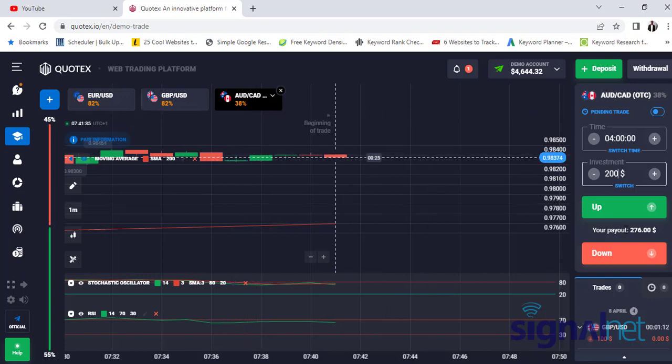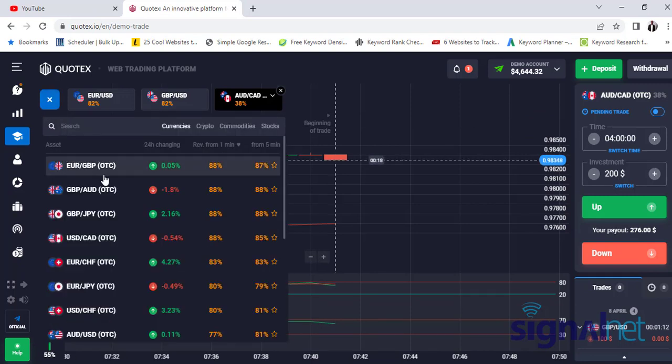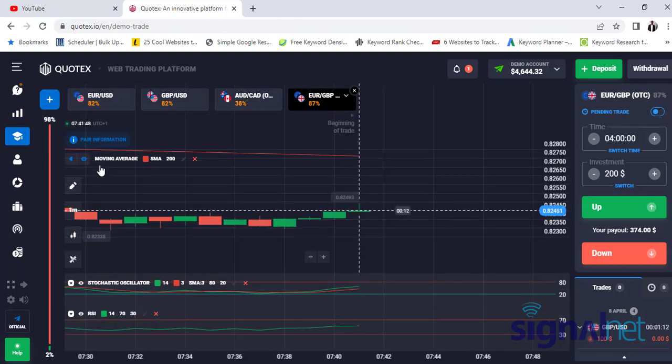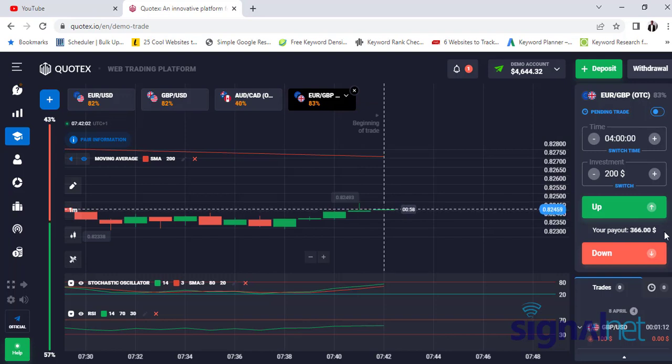It's really small on this. Let's see if we can find any currency at this time with a higher return. Okay, this for example. So you can see for this I have a higher return. It's telling me the payout is 374. So when I invest $200, if I win, I get $374, making about $174 profit.